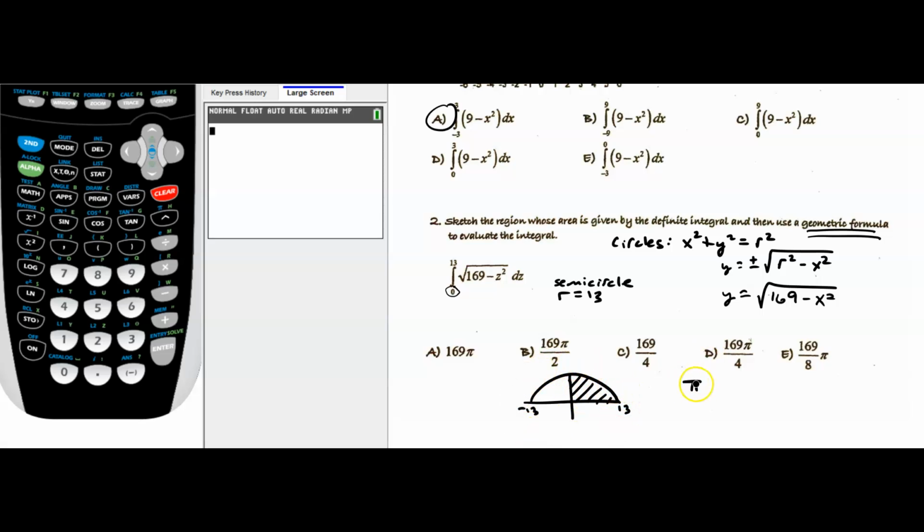So I would do pi r squared, but then divide that by 4 in the end, because a semicircle would be pi r squared divided by 2, but remember, we're taking half of that semicircle, so you'd end up with 169 pi divided by 4, which is choice D here. So look for these semicircles a lot right now in the homework. You'll see some other geometric formulas that you'll be able to apply, but this is definitely a common one.